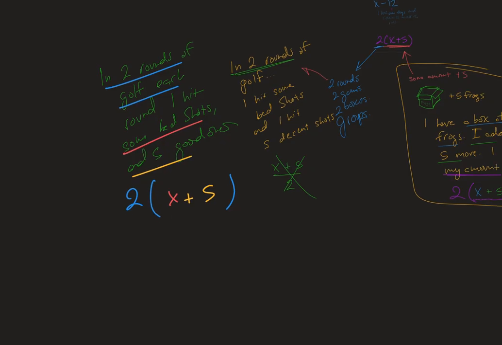So if you were reading this, if you're doing this math, you would distribute the 2, and you would say, yep, he had double some bad shots, and he had 10 good shots because of the each, okay? In 2 rounds of golf, each round I hit some bad shots and 5 good ones. 2 rounds each, some bad ones, 5 good ones, okay?